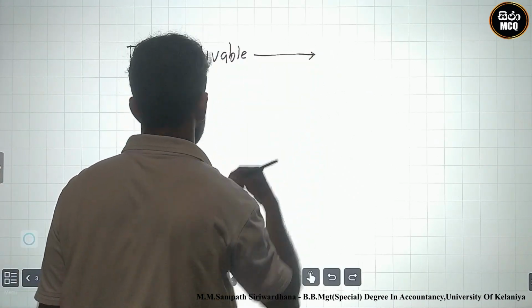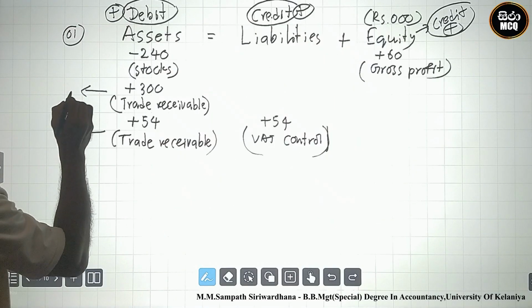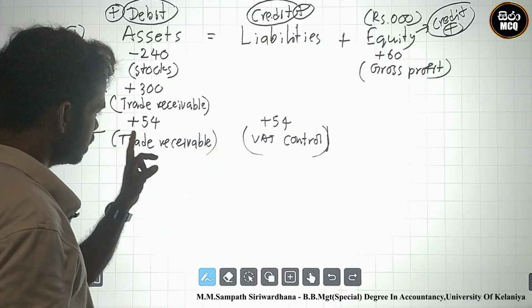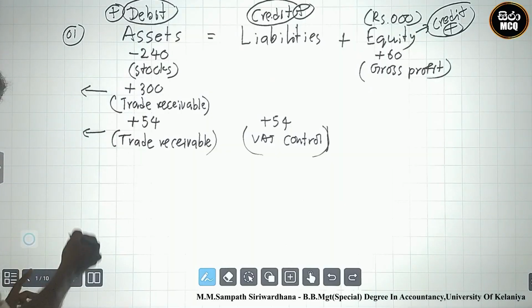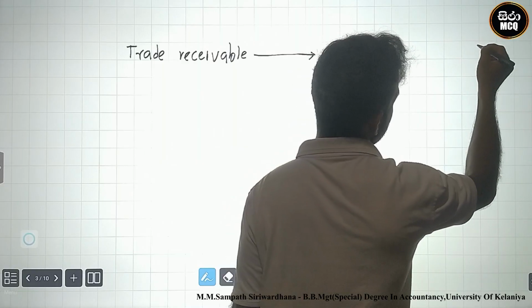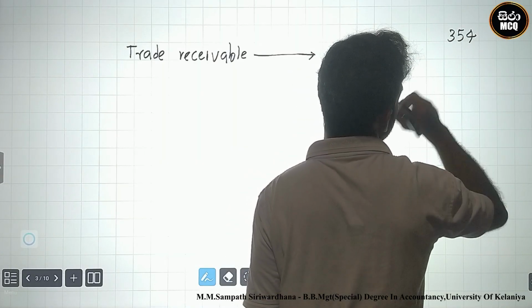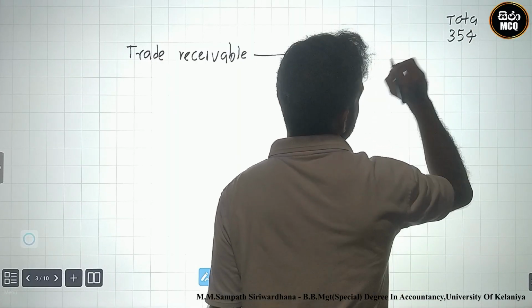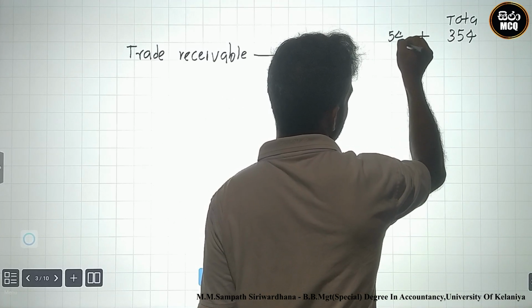The amount from Amal was biscuit and VAT both. Biscuit and VAT both we must collect from Amal. 354 means total. This time VAT is 54.